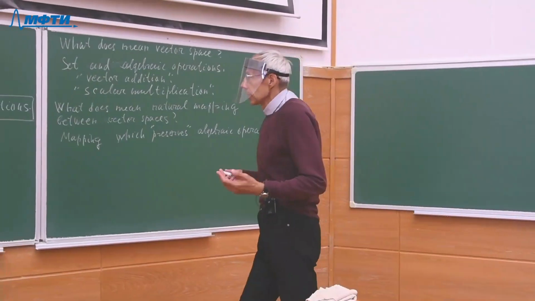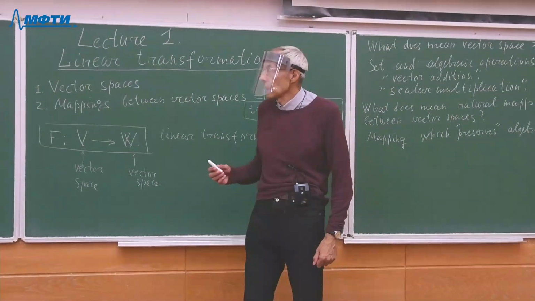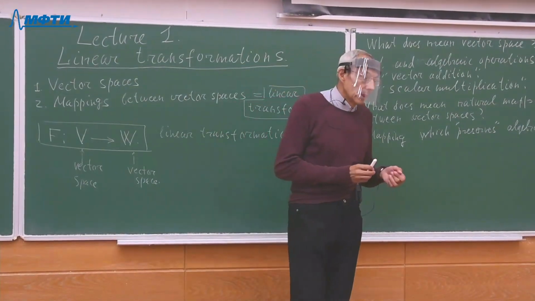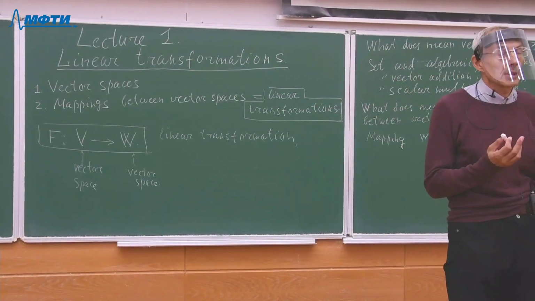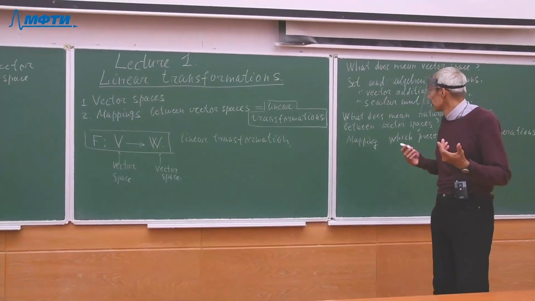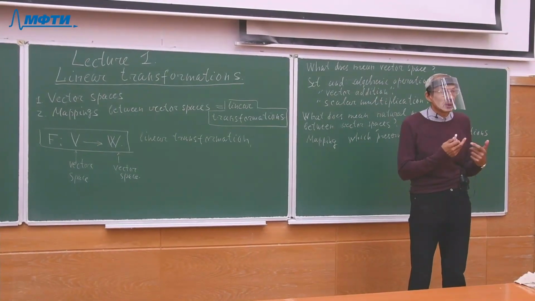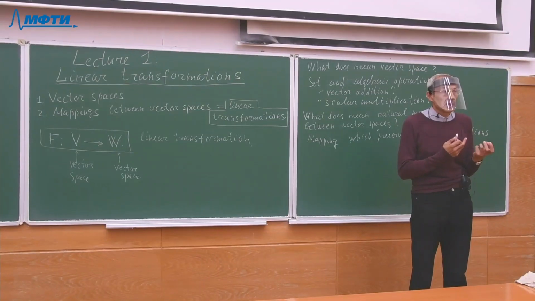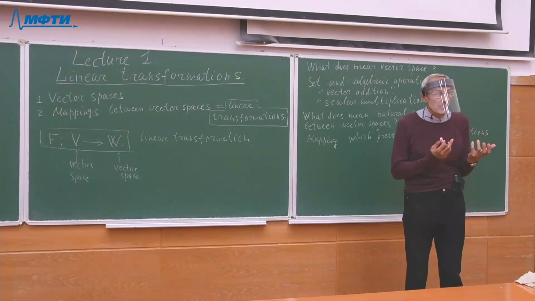What does a natural mapping between two vector spaces mean? I recall that a vector space is a set with two algebraic operations. The first of them is called vector addition, and the second, scalar multiplication.